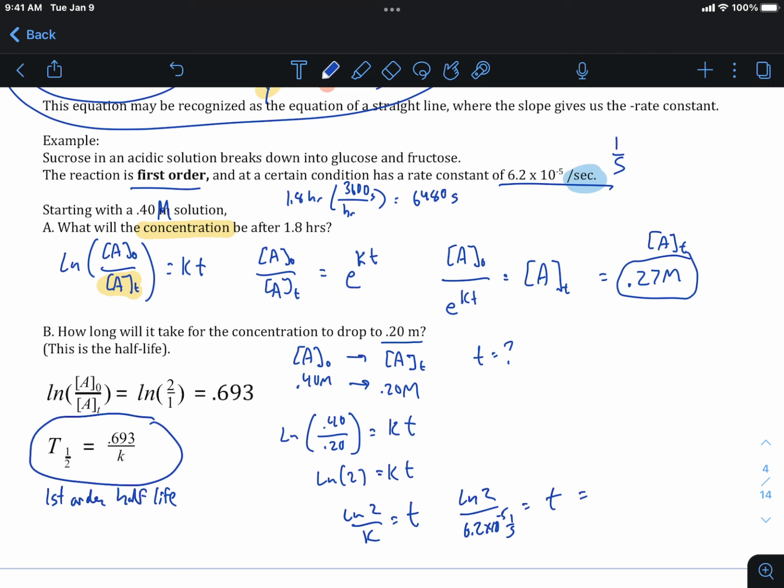And you're looking at about 11,200 seconds or so, which is an unwieldy value for seconds, so you might as well convert to minutes. So you're looking at about 186 minutes, roughly 3 hours.